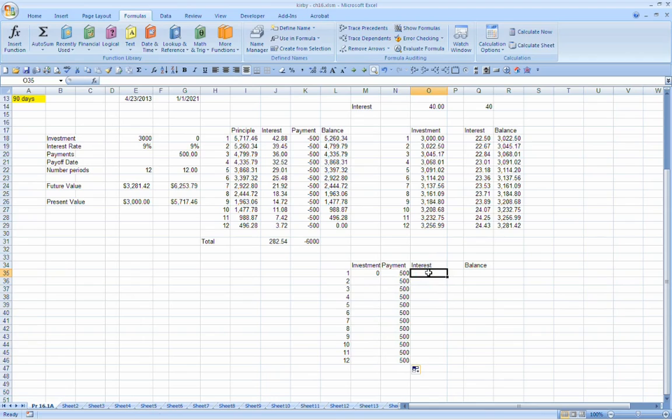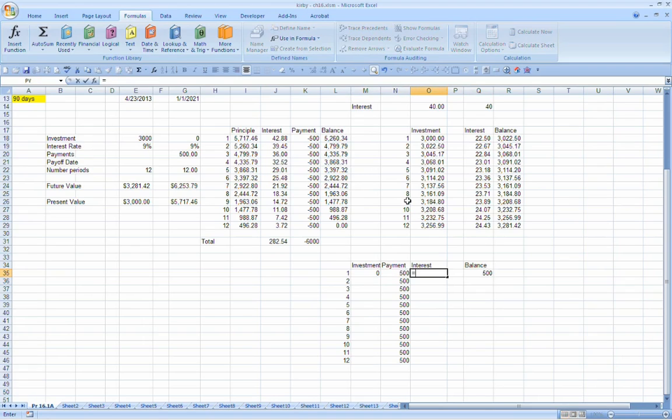Okay. And then my balance would be my interest plus the investment plus the payment. Okay, so what am I earning money on? I'm earning interest on both the investment and the payment here.